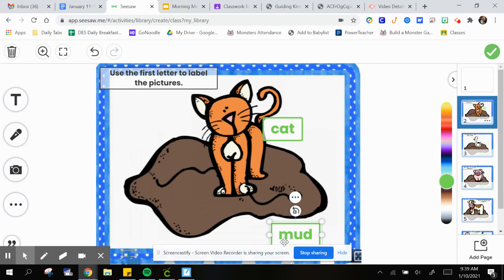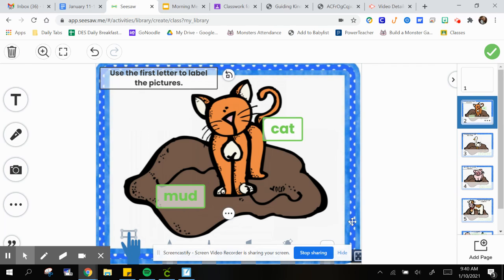It starts with the letter M. What sound does M make? Mm. Do we see anything in this picture that says mm? Mud. Yes, mud starts with the sound. So we can move this word on top of the mud. So you're going to use the beginning sound to label all of the pictures.